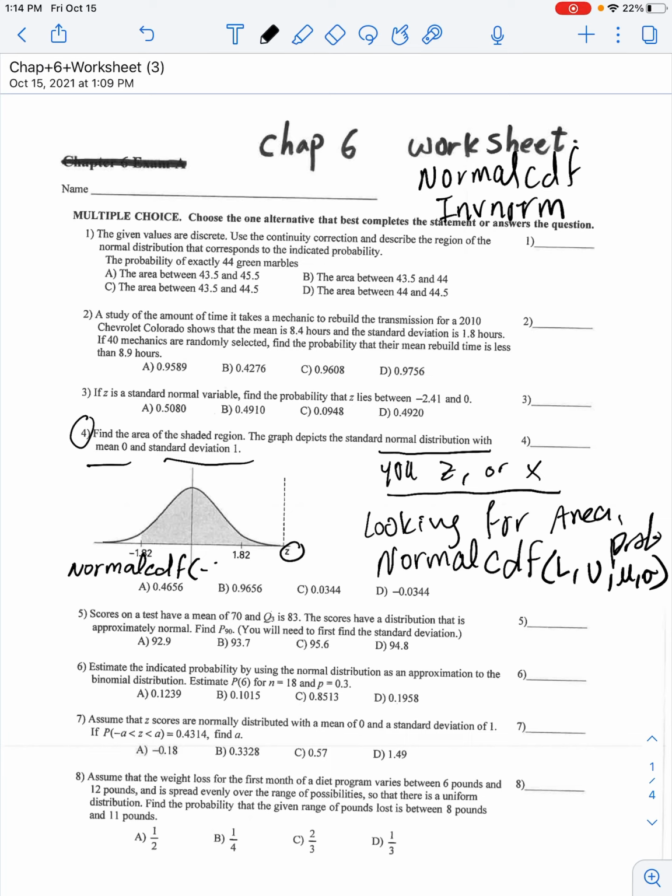Lower is negative 1.82. Upper, this is going forever, so I'm going to put 999 for infinity. Mu, mean is 0. Standard deviation is 1. So you put that in your calculator.